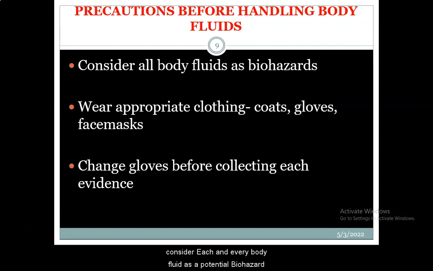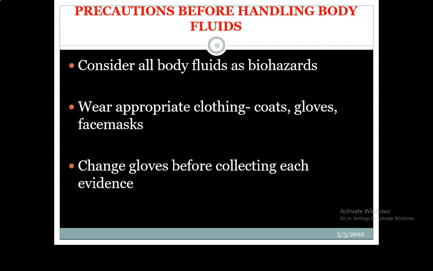Consider each and every body fluid as a potential biohazard. So, by considering every body fluid as potential biohazard, you wear appropriate clothing. You don't enter a crime scene using your hands to touch body fluids. No. You wear appropriate clothing, coats, gloves, face mask, and then you change gloves before collecting each evidence.